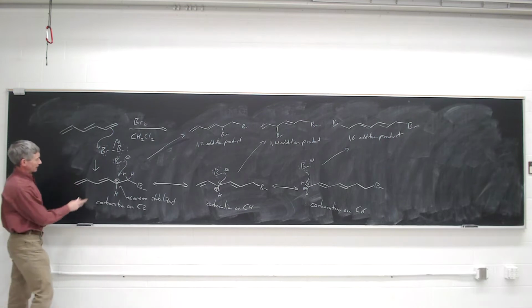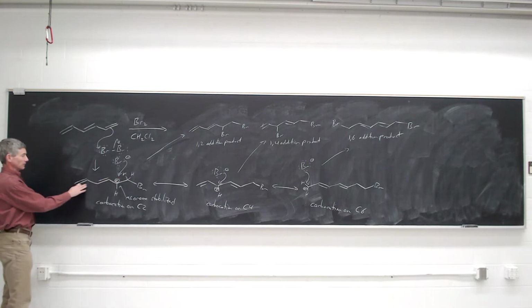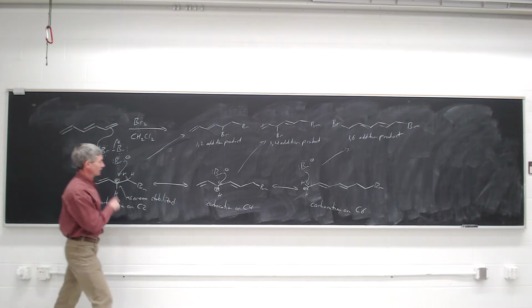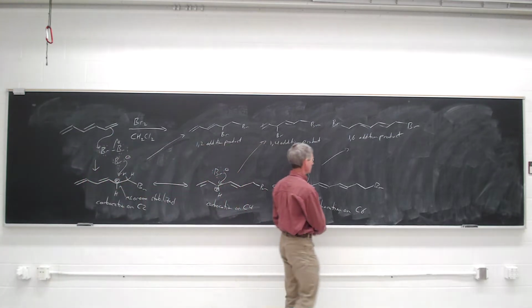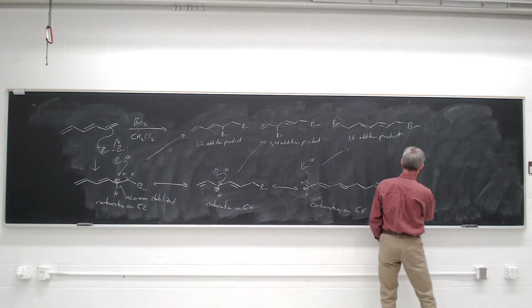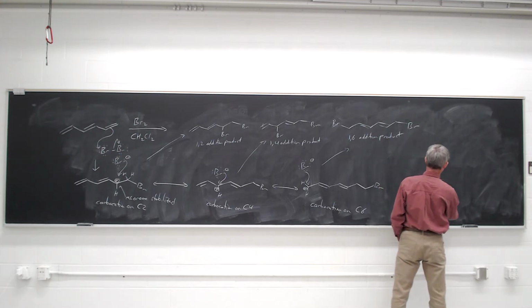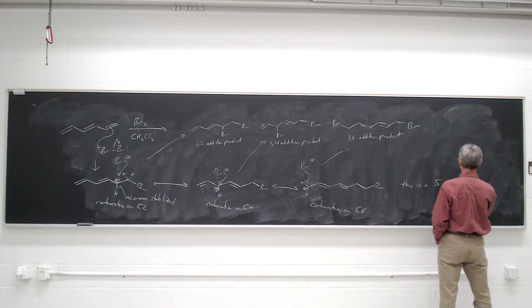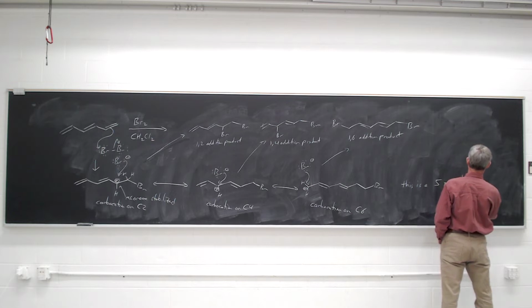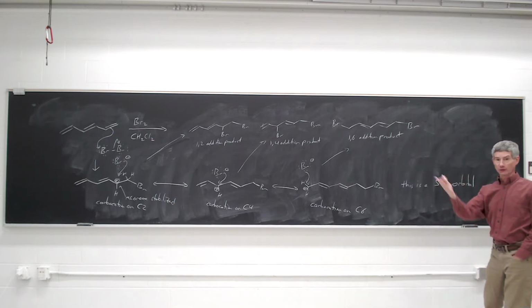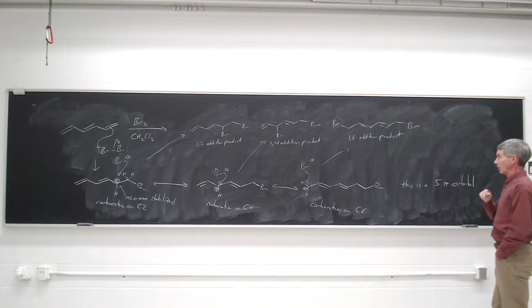You'll notice that this system here, this allylic system, is actually a 5 pi orbital system, with 4 pi electrons, because the carbocation has no electrons on it.